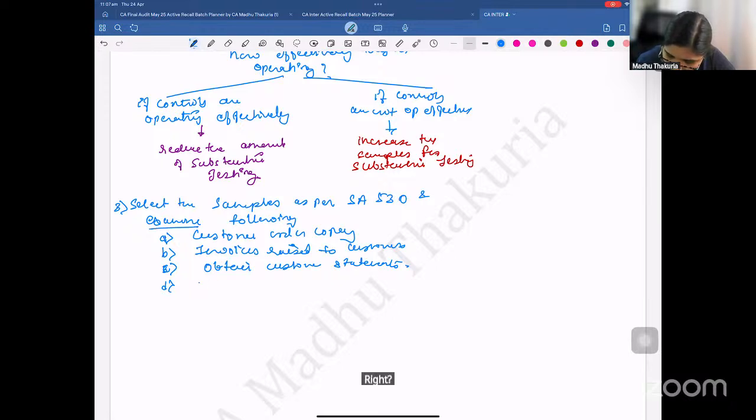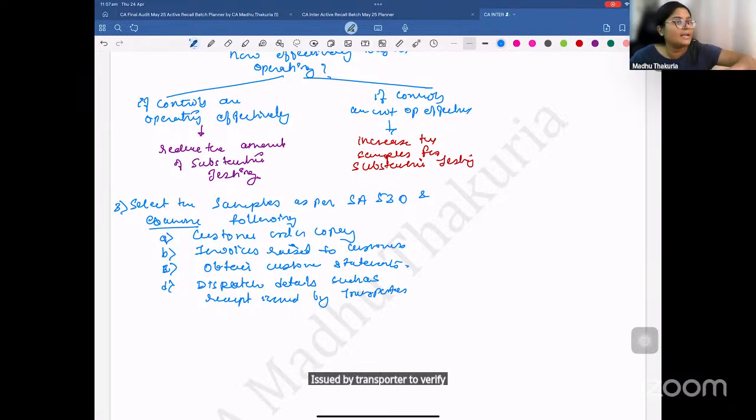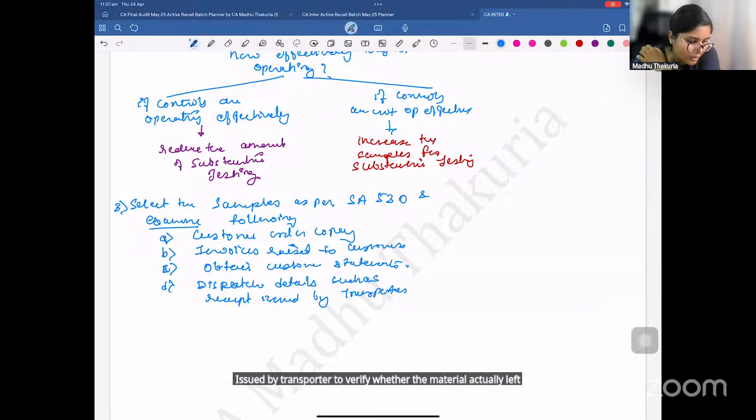You will examine the dispatch details such as the receipt issued by the transporter to verify whether the material actually left the factory or not.